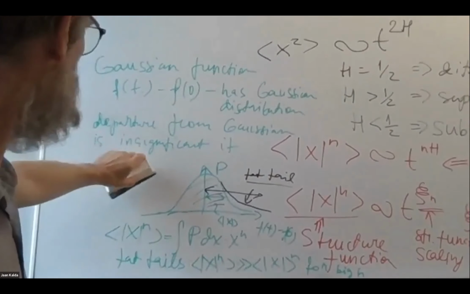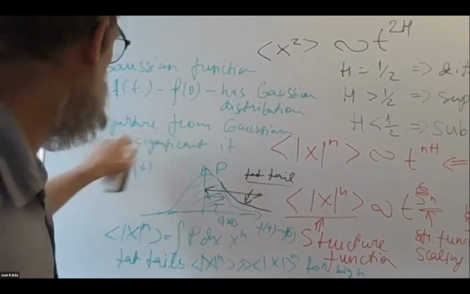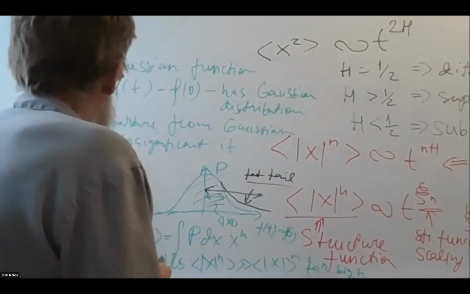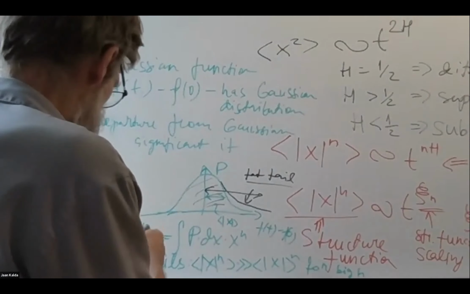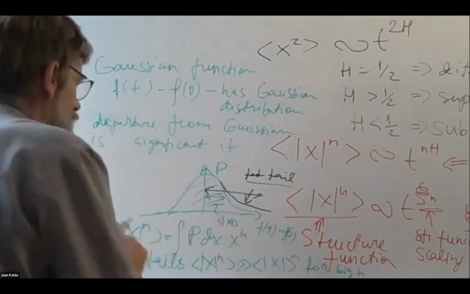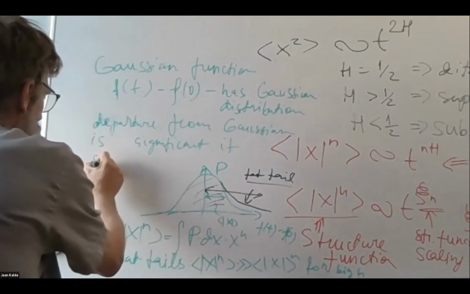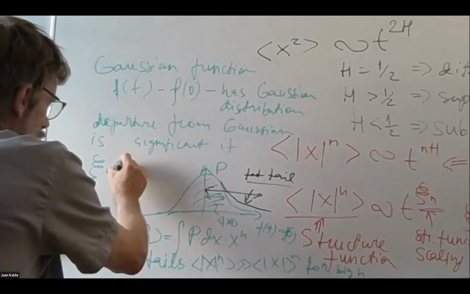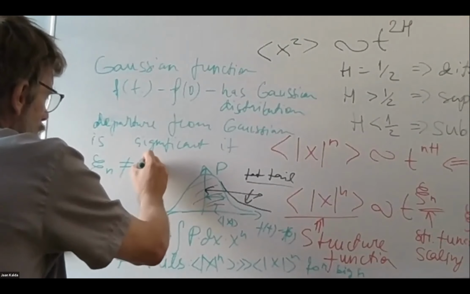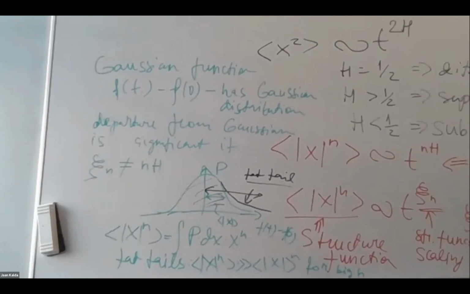Okay, let me now write this mathematically. The departure from Gaussian is significant if psi n is not equal to n times h. If this is no longer a linear function, then you can consider this departure to be significant.